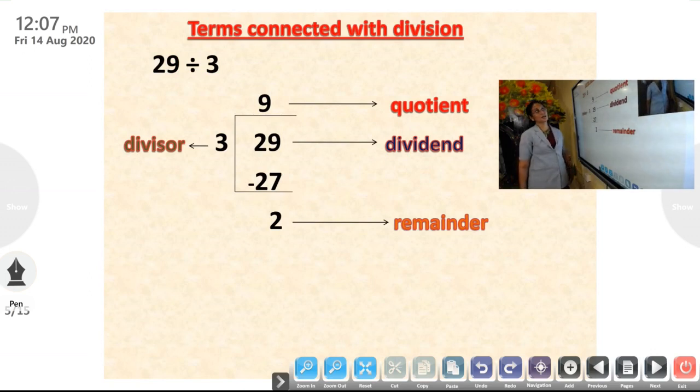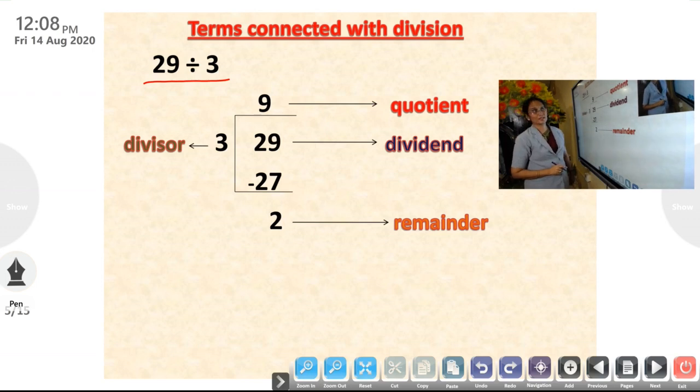Now we will learn some terms connected with division. You are already familiar with these words, so we just recall them. I have written a question there: 29 divided by 3. This is how you write for division, isn't it? 29, then you draw a line. Which is the divisor here?